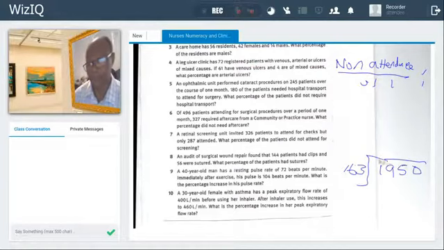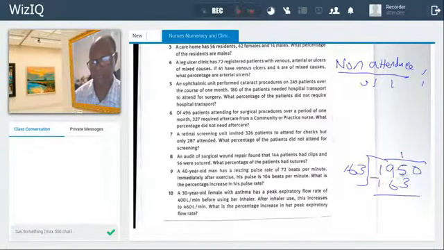Okay, so 163 into 19 doesn't go. Into 1995 is 1. 1 times 163 is 163. Okay, if we subtract this, we'll have 5 take away 3 is 2. 9 take away 6 is 3.